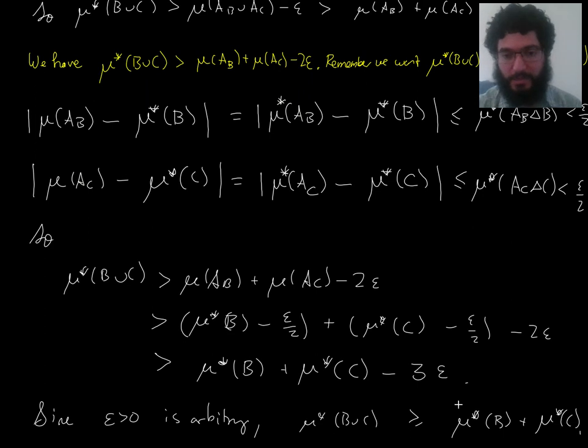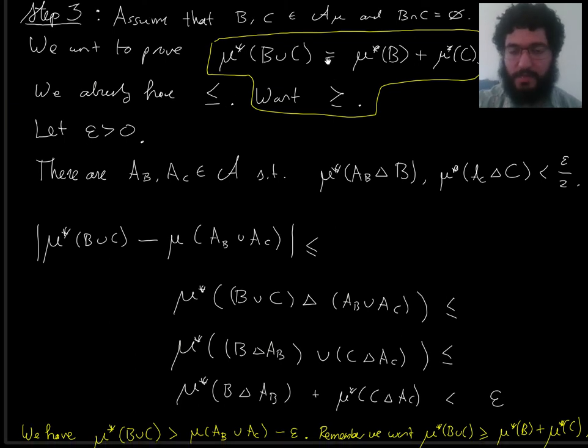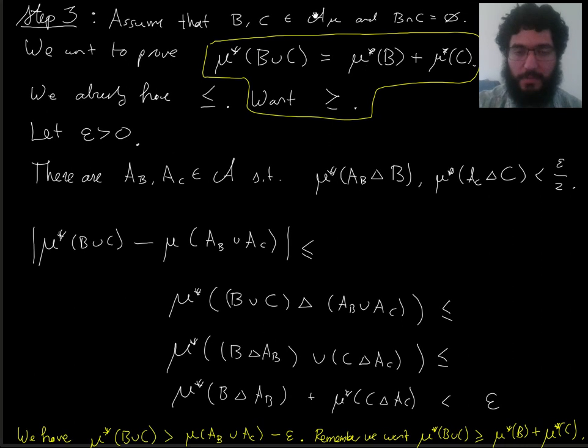And so mu star is finitely additive. Remember, this inequality was the one that we didn't have from the very beginning of step 3. We already had the other inequality from subadditivity. We needed this one. We've now proven that mu star is finitely additive on a mu, not just on random sets. You can apply mu star to random sets, but on a mu, it's finitely additive.